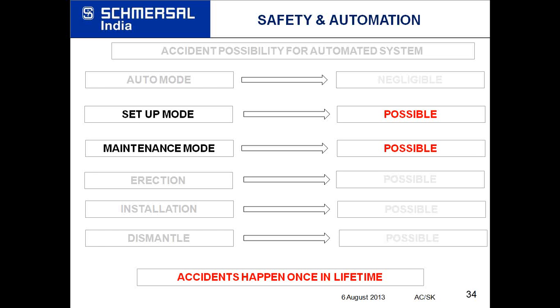But generally in the industry, during setup mode and maintenance mode, there is no safety. Everything is bypassed. And as I discussed earlier, most of the accidents nowadays happen during these two modes. Earlier it was not so, but nowadays it happens more because in auto mode there is no interaction. Everything is automated. Material feed in, finished material out, the process, everything is automated.